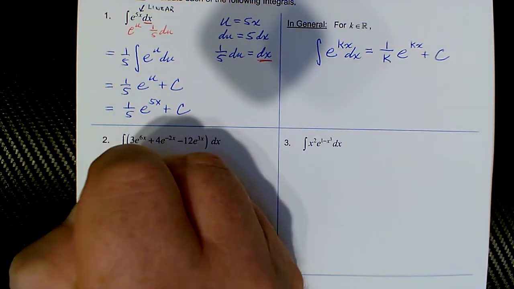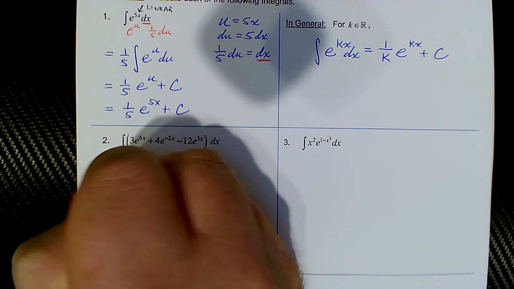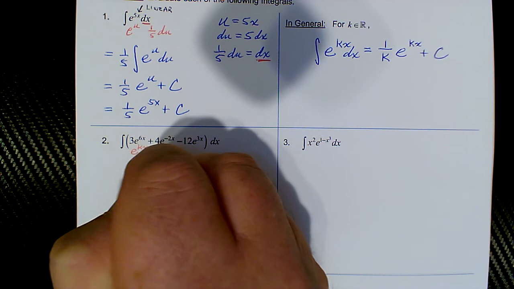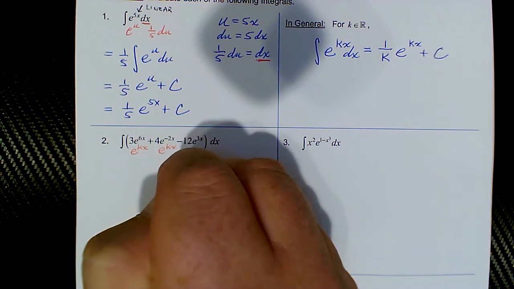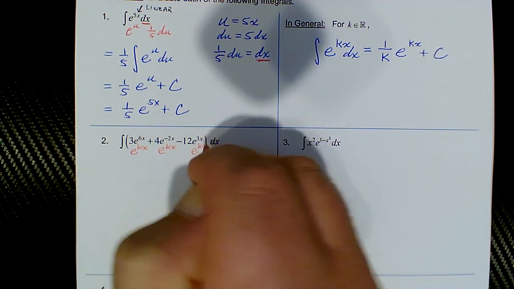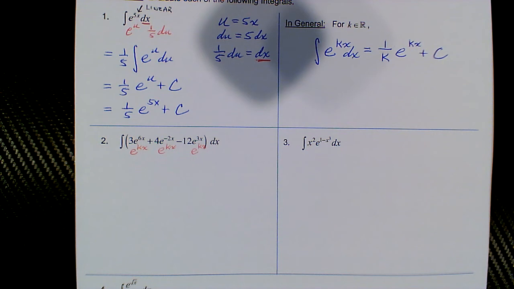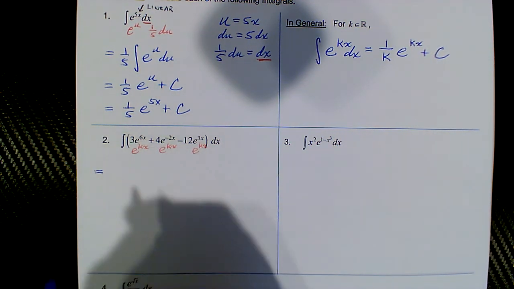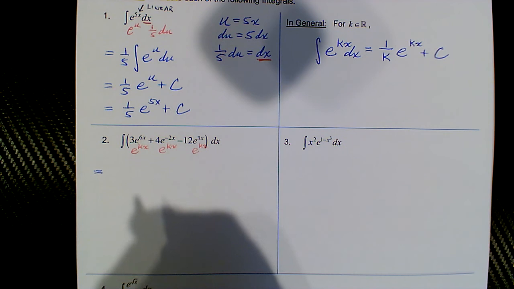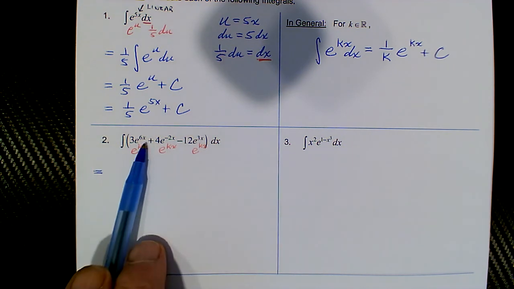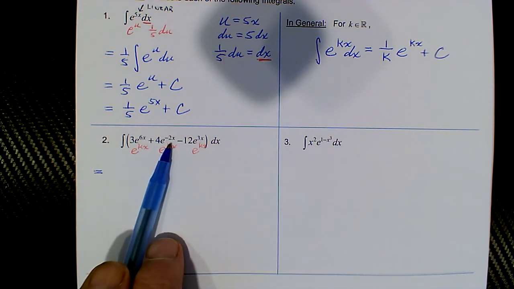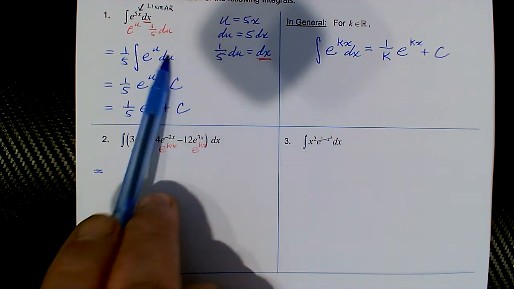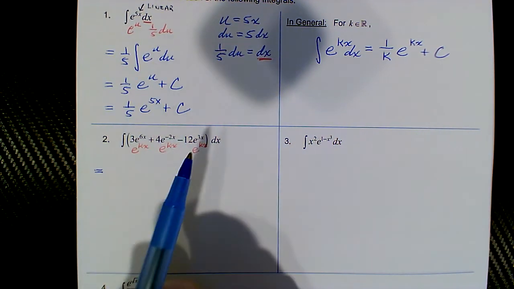They're all of the form e to the u, but moreover, they're of the form e to the kx, because the powers are linear. So therefore, if you accept the linear argument rules, you can integrate by inspection. Otherwise, again, 3 separate u substitutions, picking u to be 6x, negative 2x, and 3x respectively. You have to go through all this work for each one of them.